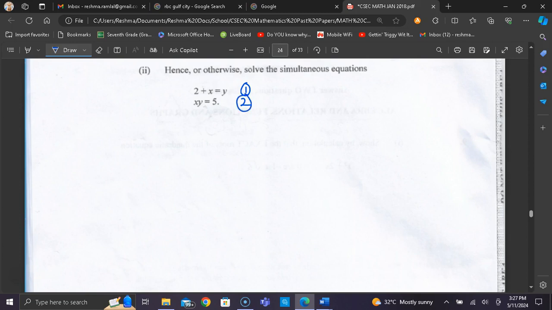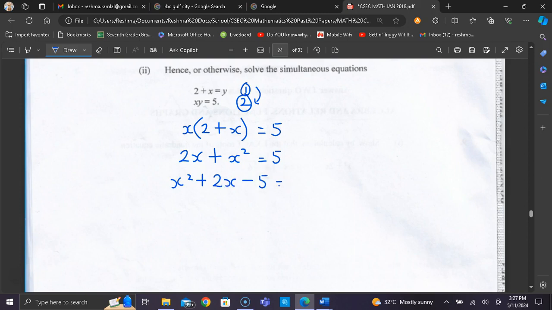So if we substitute equation 1 into equation 2, right, we get x times 2 plus x is equal to 5. And of course, when we expand this, we get the same quadratic equation that we were solving in part 1. x squared plus 2x, bring over the 5, is equal to 0. So we already solved this, remember.